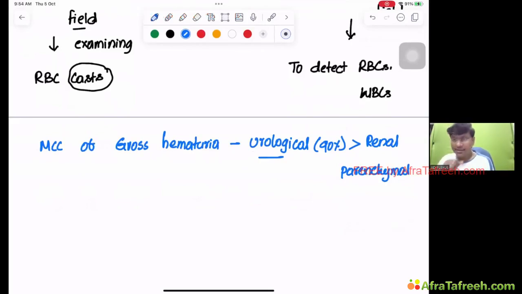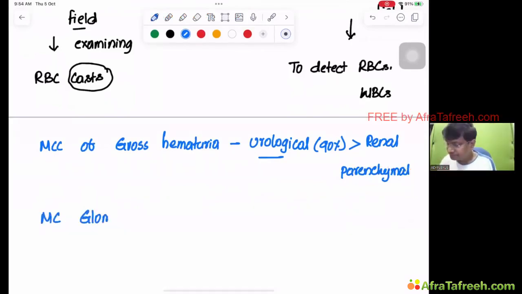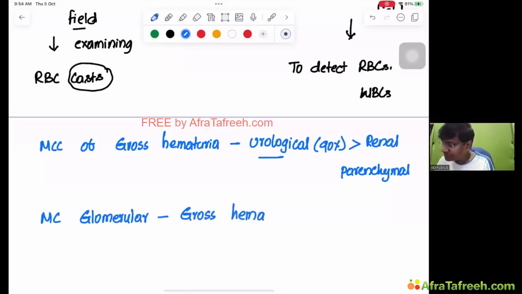Okay, and the next important question: what is the most common glomerular cause for gross hematuria? The glomerular pathology for gross hematuria will be IgA nephropathy.